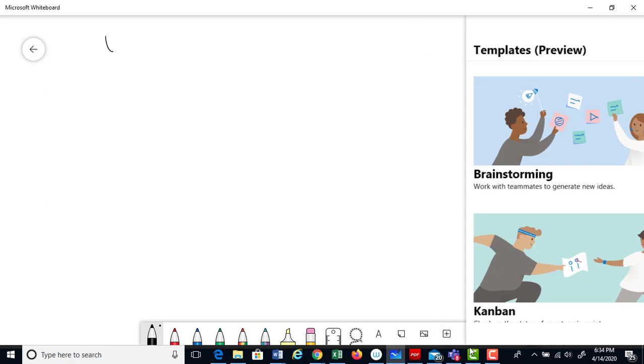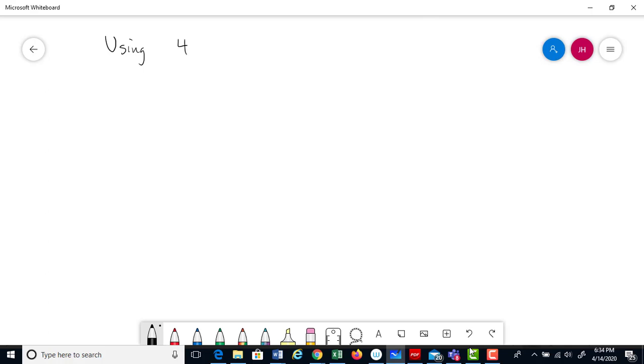So how about 4 rectangles? All right, so 4 rectangles using left endpoints.